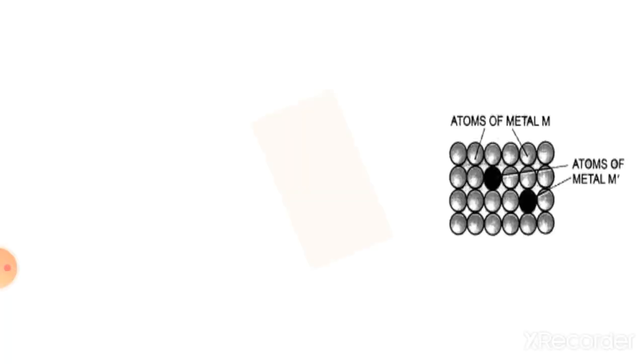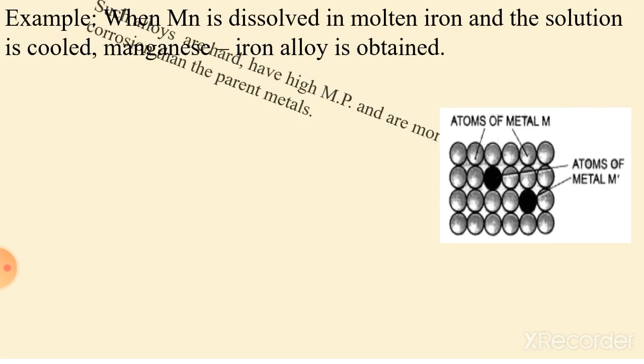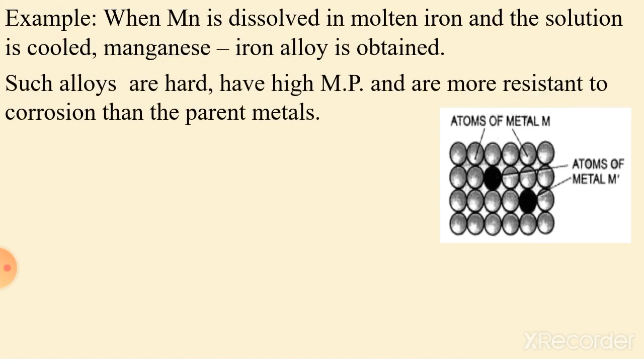Now students, let us focus on some more examples of alloys. When Mn is dissolved in molten iron and the solution is cooled, a manganese-iron alloy is obtained. Let us see the diagram given here: atoms of metal M and atoms of metal M dash.